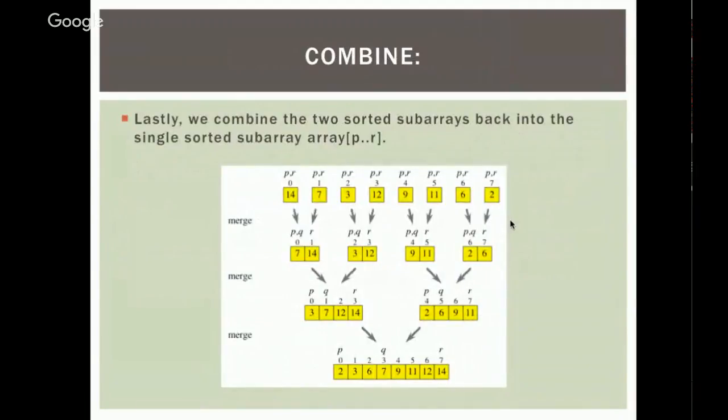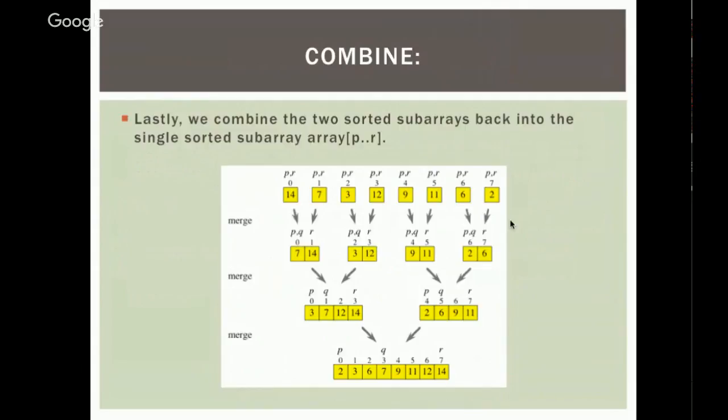Lastly, we have the combine step. We combine the 2 arrays back into a single sorted subarray. Starting from the image at the bottom, I'll start to merge and sort. The conquer step, which actually sorts the values, happens at each step, and the combine step happens after they're sorted.